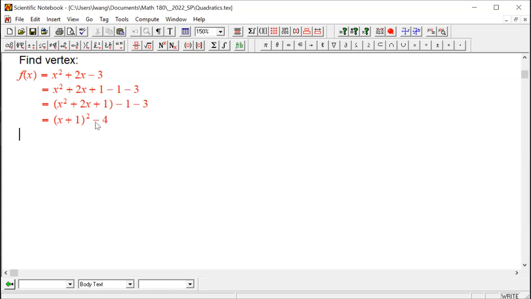What's so good about it is that this perfect square piece has a minimum value of 0. So when this piece reaches its minimum, we have the perfect square in our quadratic expression.